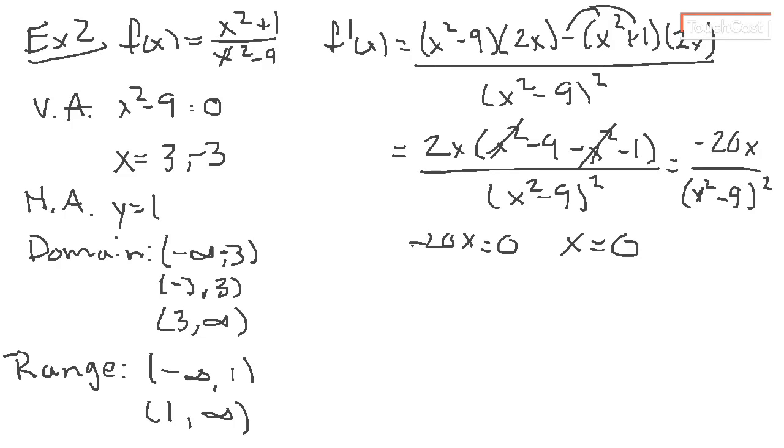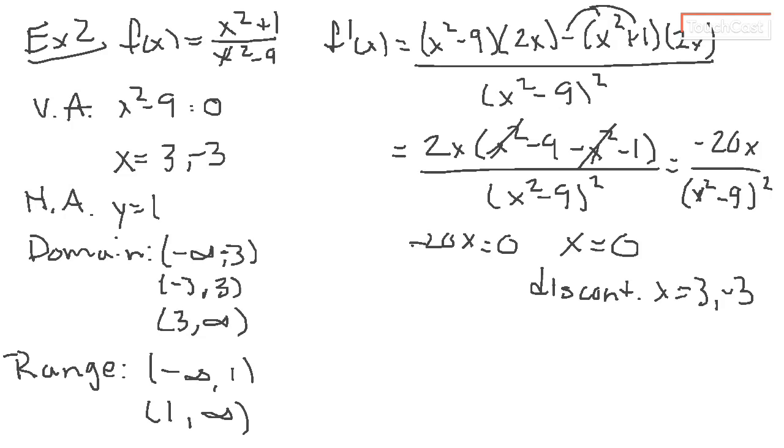We're also going to test critical numbers at our discontinuities, which are at x equals 3 and negative 3, at those asymptote points. Because stuff still happens before and after those, it's just that nothing happens at 3 or at negative 3.